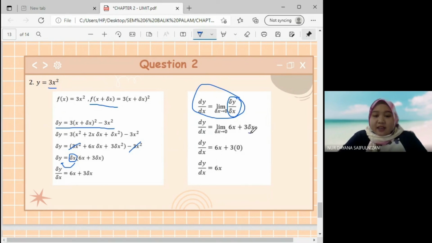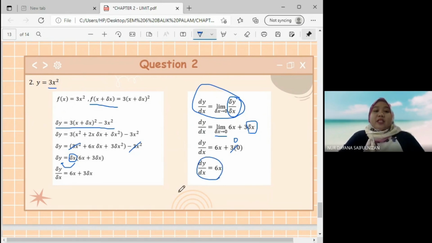Since here we have delta x, the limit shows that delta x is approaching 0. So we have to substitute 0 into this function, and then we get 6x plus 3 times 0, which is 0. So we get the answer dy over dx equal to 6x.